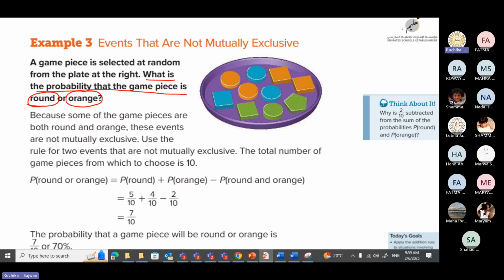5. How many total round? 5. And how many are total in there? Can you count? How many total shapes? 10. Can I say 5 out of 10 is going to be the probability for round? Yes. And what about mutually exclusive, not mutually exclusive? Tell me.